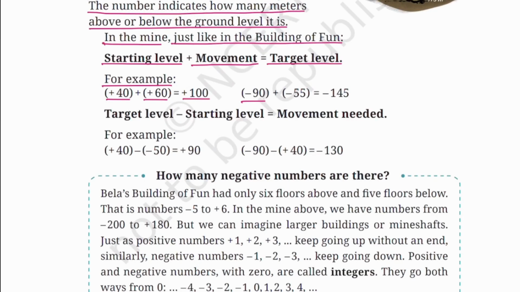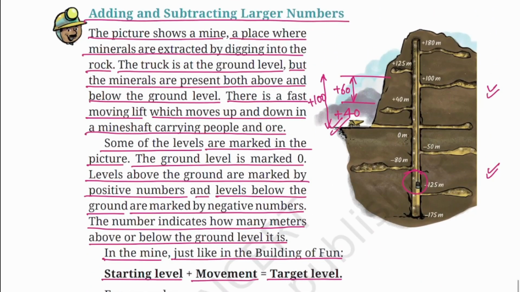Similarly, minus 90 plus minus 55 is equal to minus 155. Target level minus starting level is equal to movement needed. For example, plus 40 minus minus 50 is equal to plus 90. Plus 40 is here and minus 50.